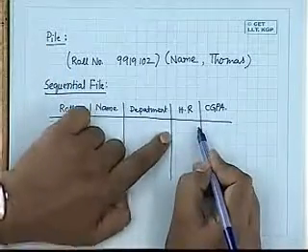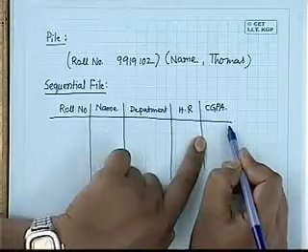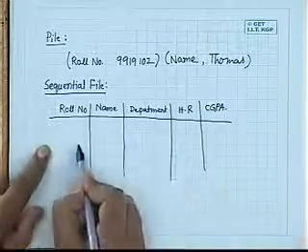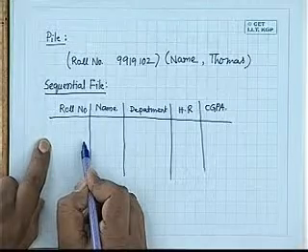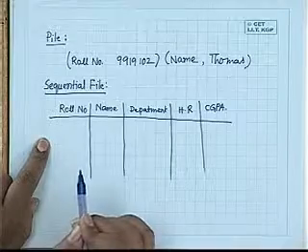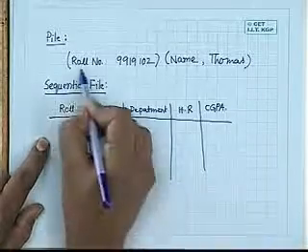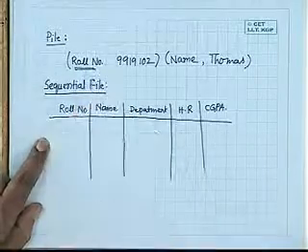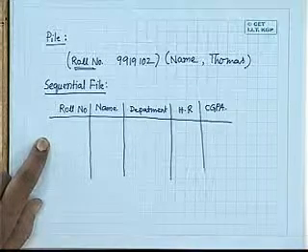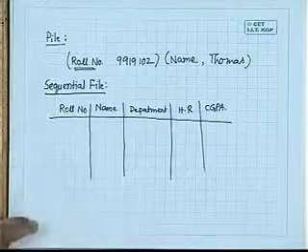Fourth is the hall of residence. Fifth is CGPA. That is known. Again, the sixth string will be the roll number field of the next record in the file. So because of this regular structuring, I don't have to specify the name of the field. I simply have to store the values of the fields in that particular order.